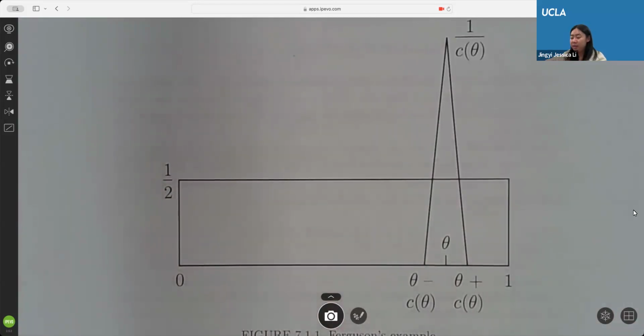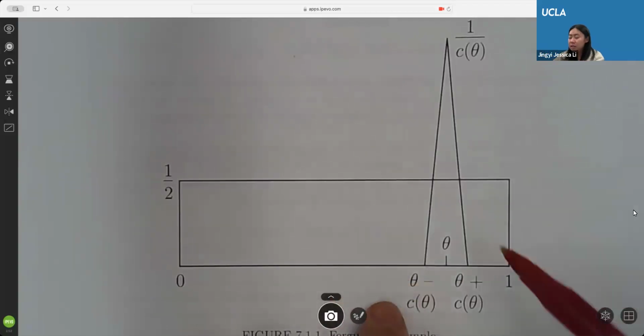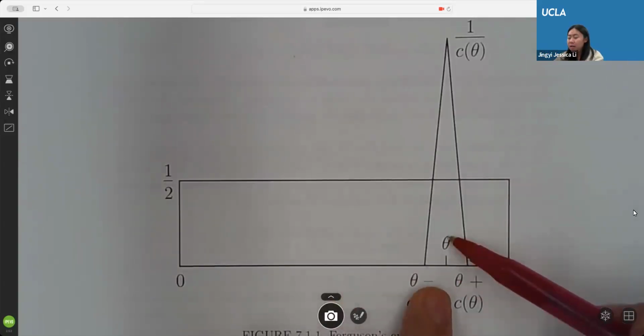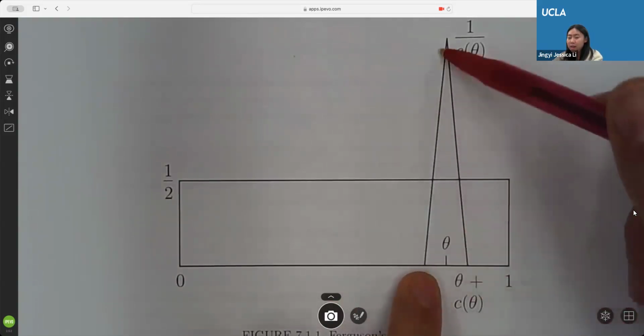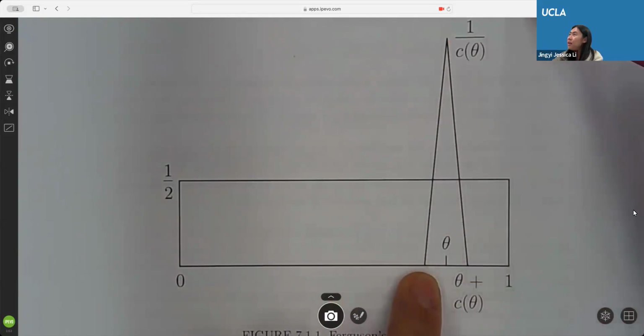The problem with the MLE, which can be shown mathematically, is that it will always be at 1. Theta will be at 1, regardless of where the true theta is. The reason is that if you specify theta to be 1, this triangle density goes to infinity.